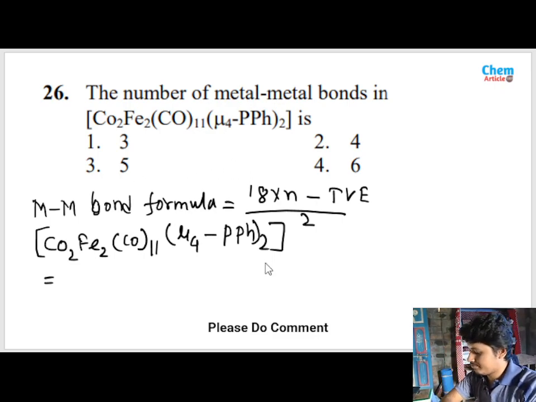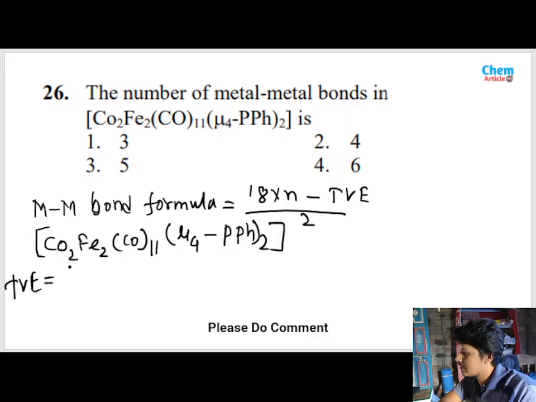Now we calculate the total valence electron count. Cobalt has 9 electrons, and 2 cobalts are there, plus Fe has 8 valence electrons, and 2 irons.